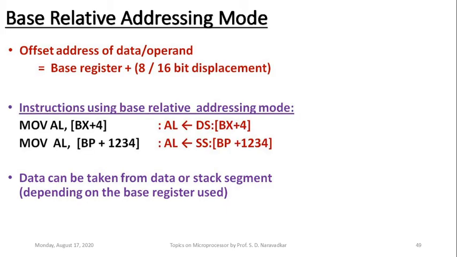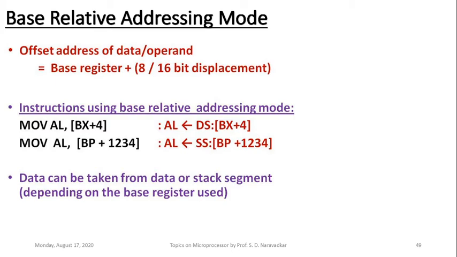Now, here the instructions by using base relative addressing mode are stated. You can observe it: MOV AL, [BX+4]. It clearly means that within that first instruction example here, from the data segment at the offset which is given by the contents of base register BX plus 8 bits of displacement, which is now just 4.